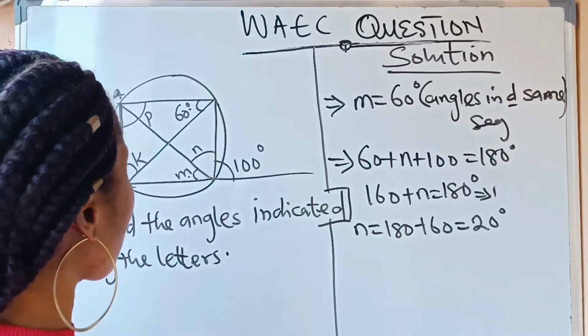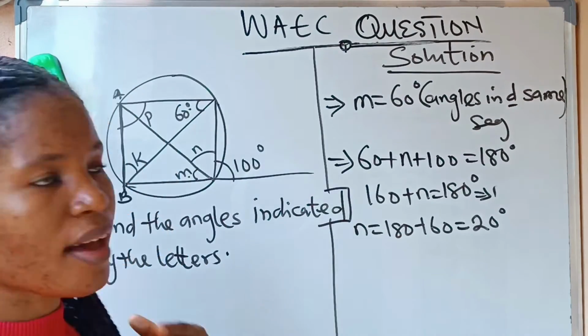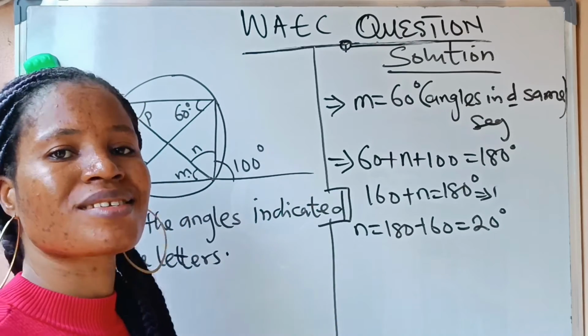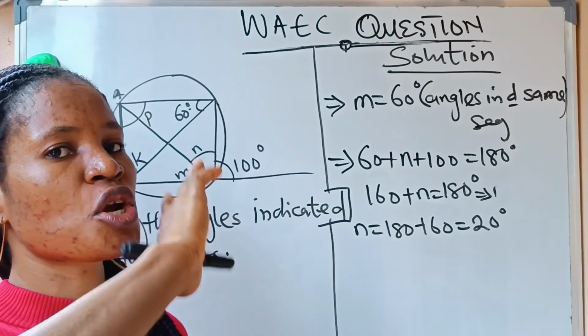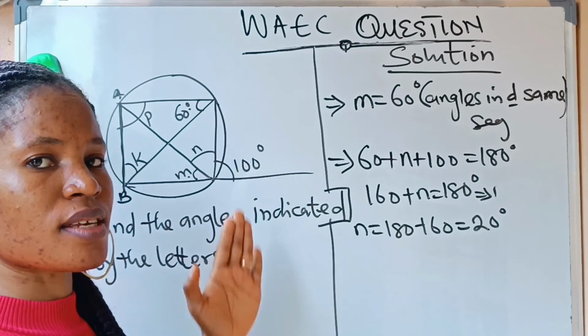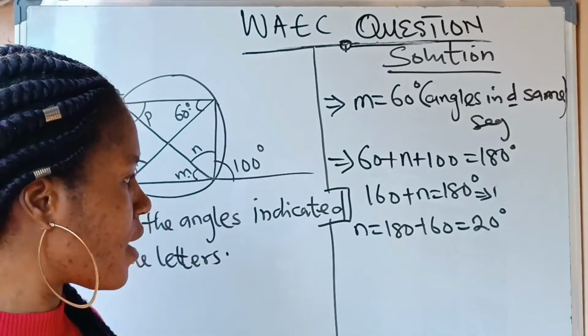Now, what do we do again? There is another law in cyclic quadrilaterals, and that law states that the exterior angle of a cyclic quadrilateral is equal to the opposite interior angle. Don't worry, I will explain.